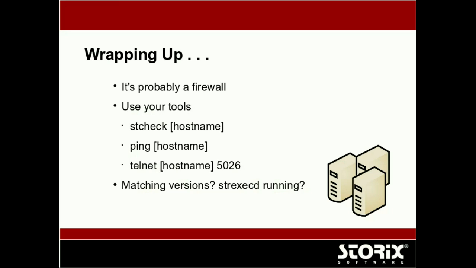Okay, so let's go ahead and wrap it up. Just to go over what we talked about. First off, if you're getting those little red circles, it's probably a firewall issue.